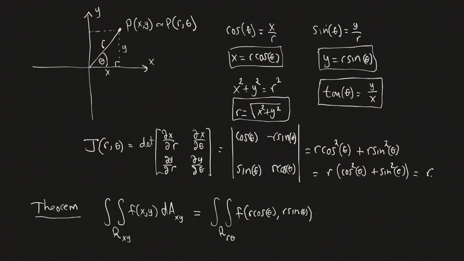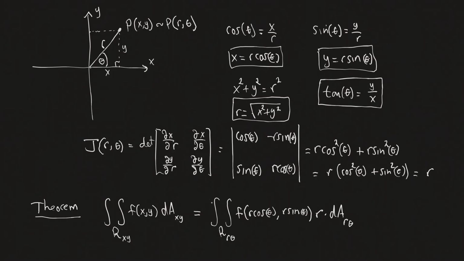But because the Jacobian is the r, it's not a constant, but we're treating r as non-negative, greater than or equal to 0. So we'll just have an r there, and then technically we're supposed to have dA, and this is now in r theta. The dA here could be either dr d theta or d theta dr, depending how we set up our limits.